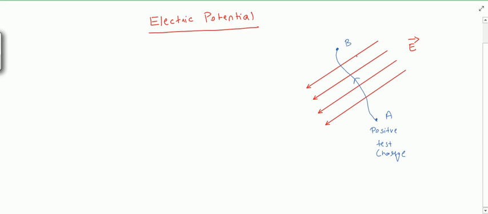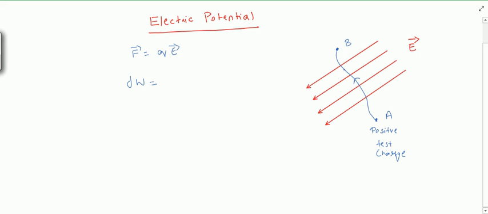along this path. Now you know that by Coulomb's law, if a charge is placed in an electric field, it will experience some force that is given by Q times E. So electric field lines are here all over and I want to move this charge from A to B. Now you also know that to move something from a location, we have to do some work.